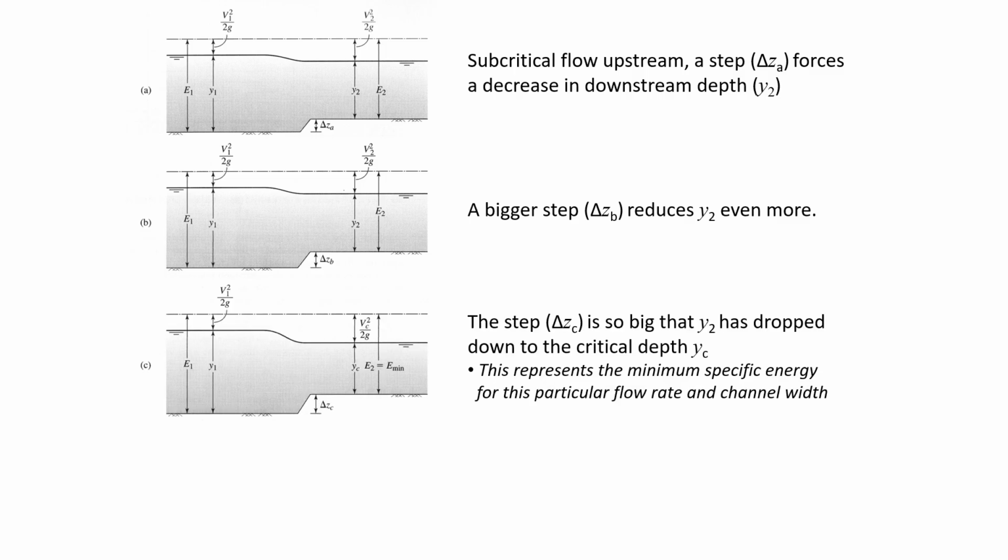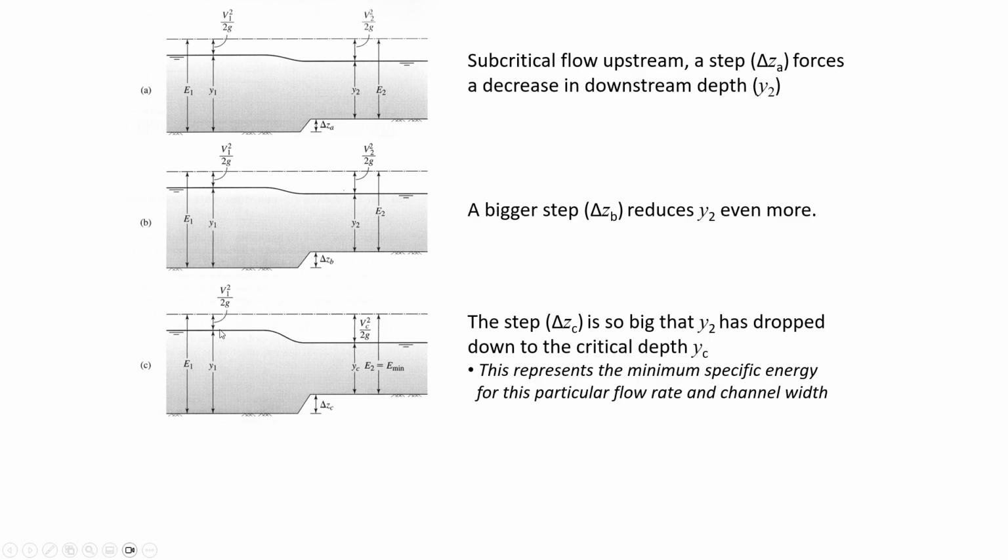And there's some maximum step height that takes us to a critical threshold. As delta Z gets bigger and bigger, eventually it gets so big that if we made it any taller, the water wouldn't be able to get up over that obstacle because there's not enough specific energy upstream.